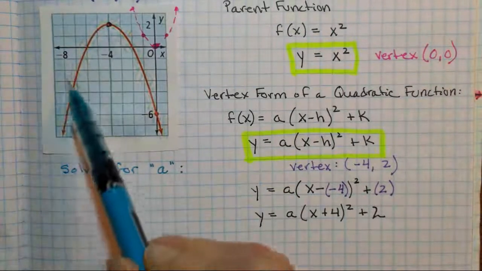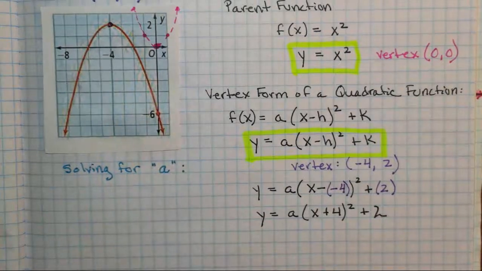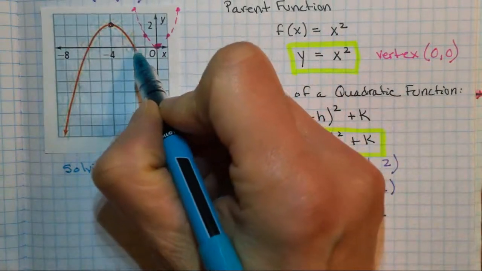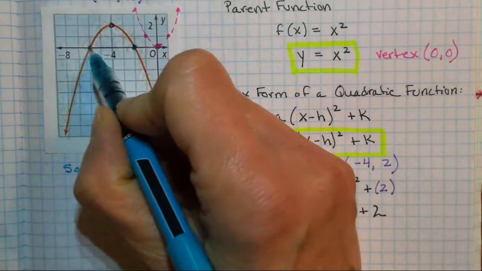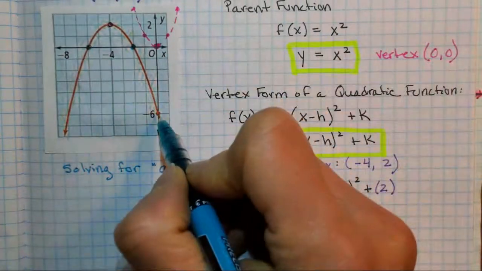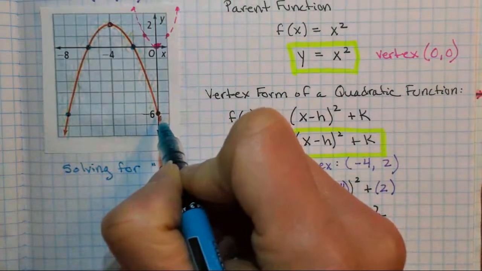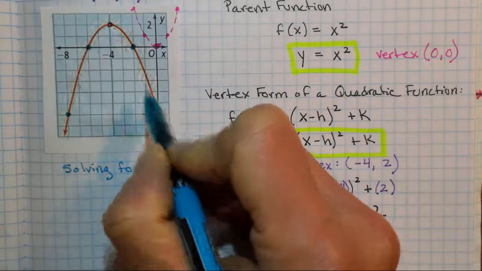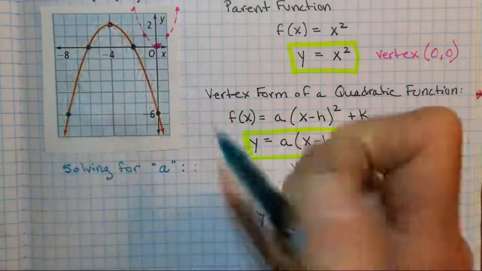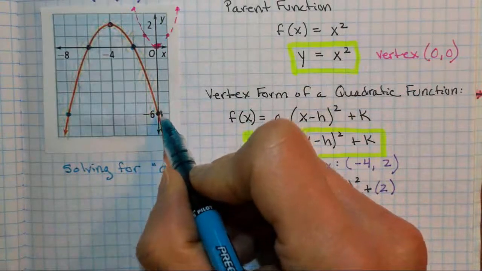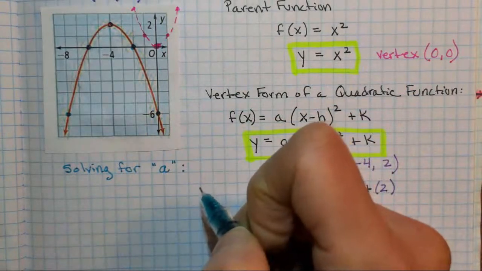So we can pick any point along here for x, y, except for the vertex. We don't want to use a vertex because that will cause us problems. We can use anything where there is an intersection. So there looks like there's at our zeros, and then it looks like there's one here and one here. So they gave us this one here. They gave us our y-intercept. We could also have used our x-intercept, but I'm going to use this one because I know that's exactly on the integer.